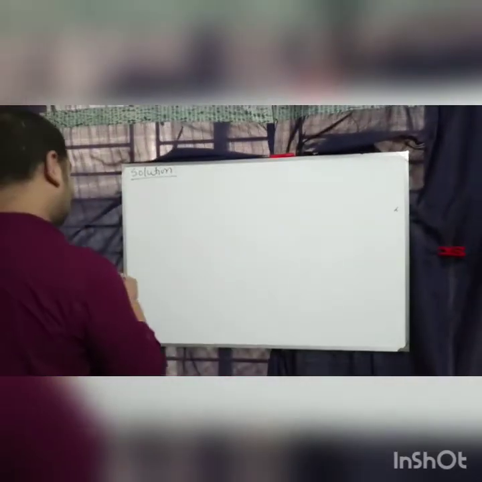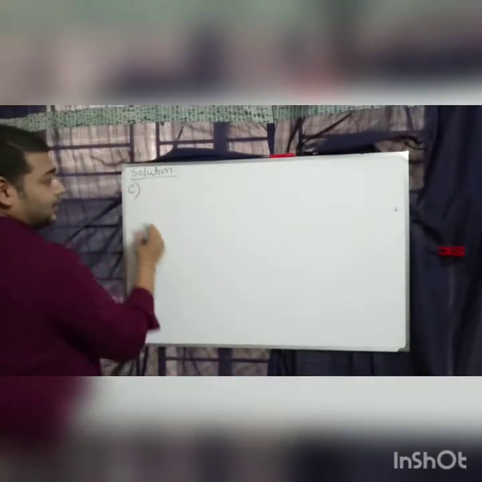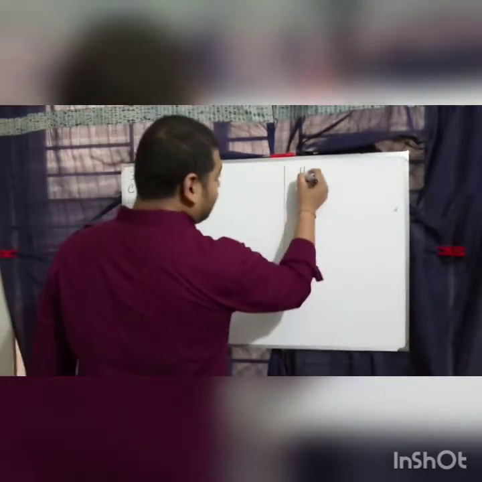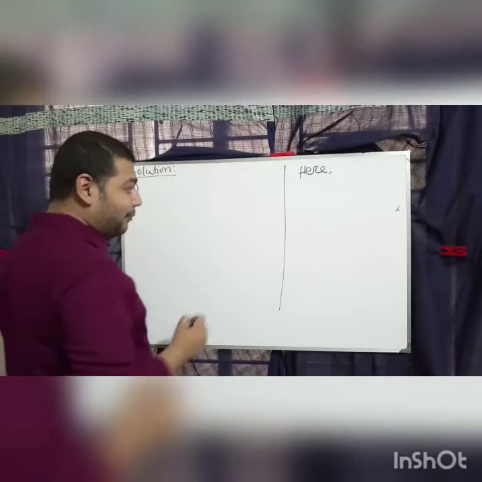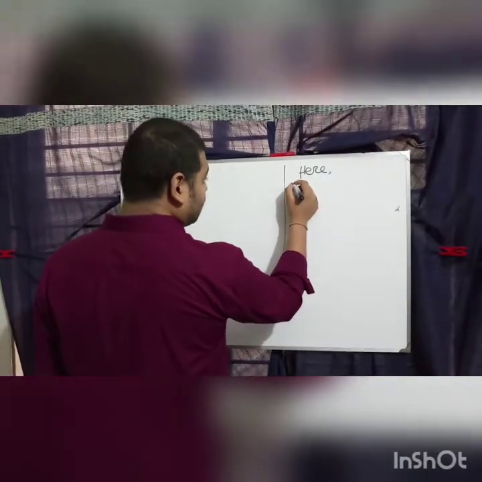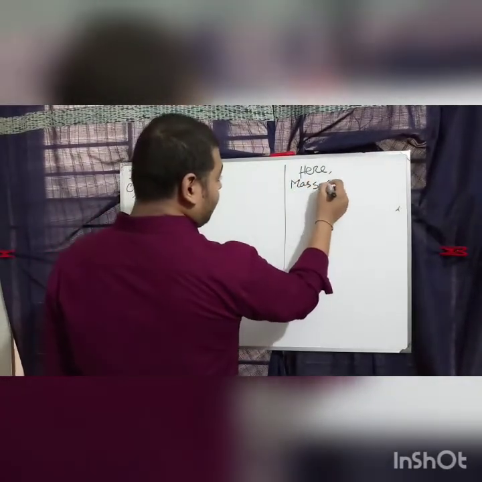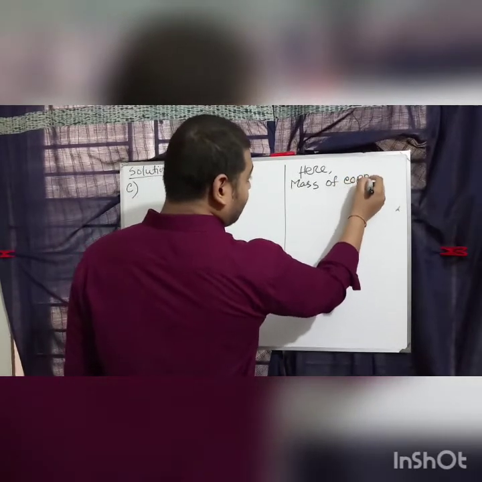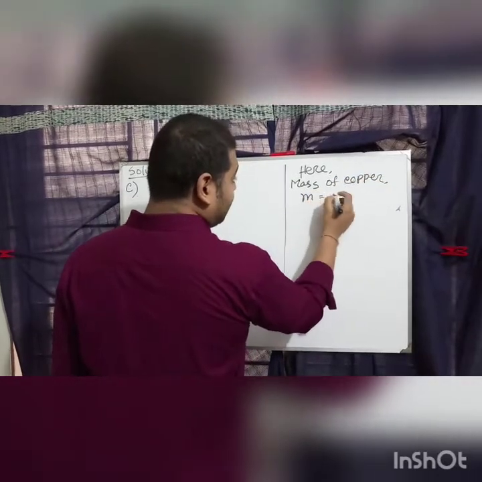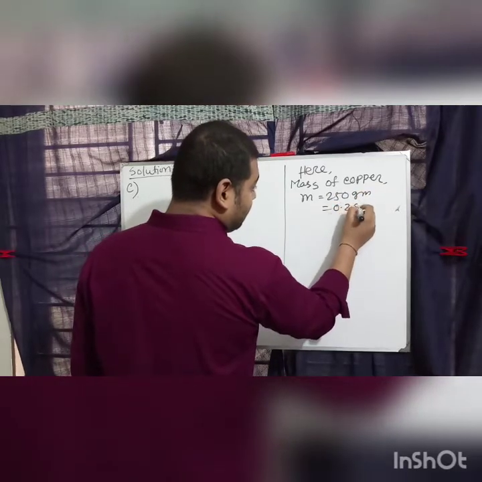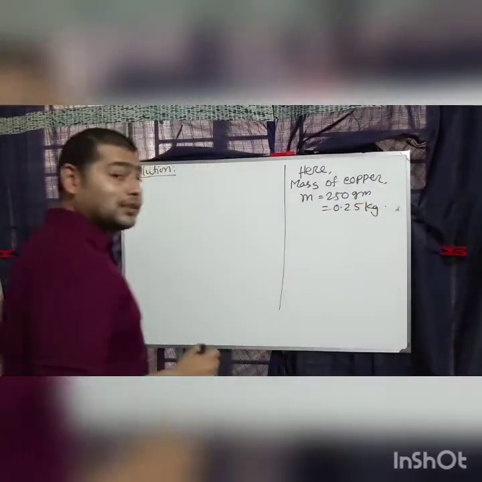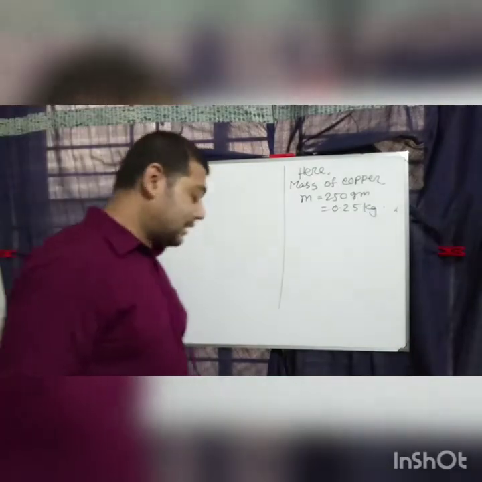Solution for question number C. Here we are given that the mass of copper M equal to 250 gram, 0.25 kg. We need to convert it to kg.